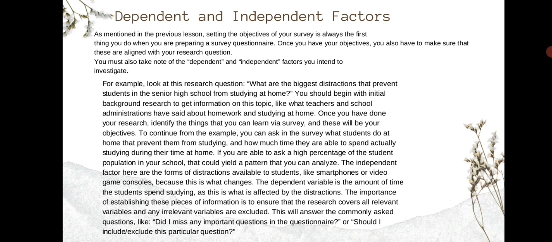If you are able to ask a high percentage of the student population in your school, that could yield a pattern that you can analyze. The independent factors here are the forms of distractions available to students, like smartphones or video game consoles, because this is what changes. The dependent variable is the amount of time the student spends studying, as this is what is affected by the distractions.